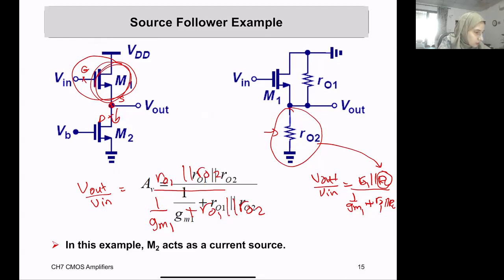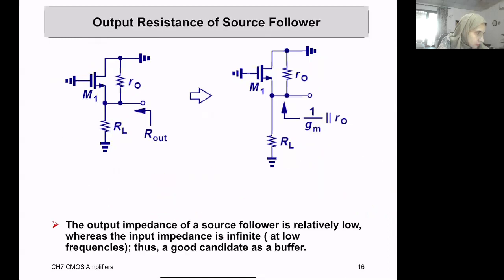Yeah, so this is what we just did earlier. Now, the output resistance of the source follower: we are looking from this output side. Looking down, we will see RL, and looking up, we will see 1 over Gm in parallel with R out. Quickly we can reach that.